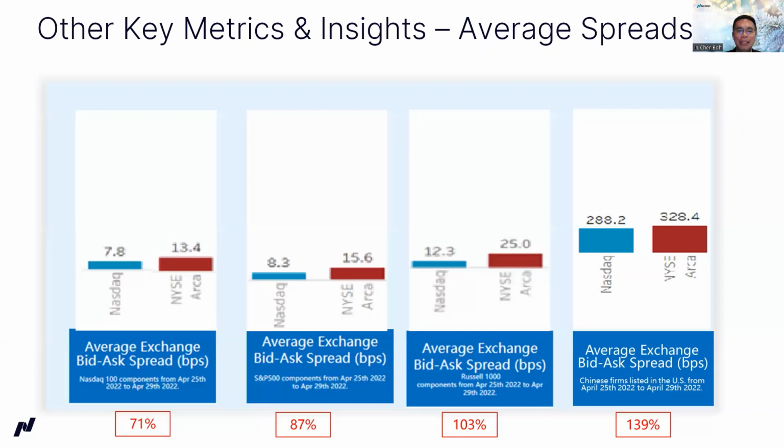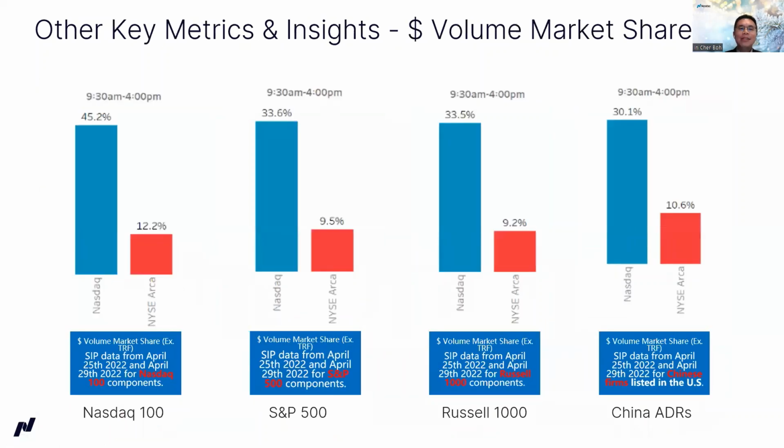I mentioned previously that tighter spreads beget trading volume. True enough, this is exactly what we see in the same component index stocks and the Chinese listed stocks in the US market. Nasdaq trading systems provide the most traded volume across the 3 index component stocks and the Chinese listed stocks.